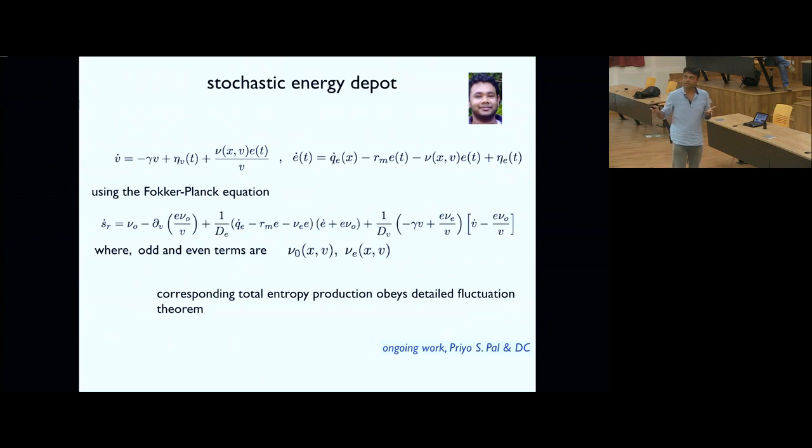So again, we can identify the total entropy production. This is even more horrible. Although you cannot see much, I am now writing it down as something which can be both odd or even function of velocity. Some terms are odd, I'm writing them as new odd, and some terms are even.